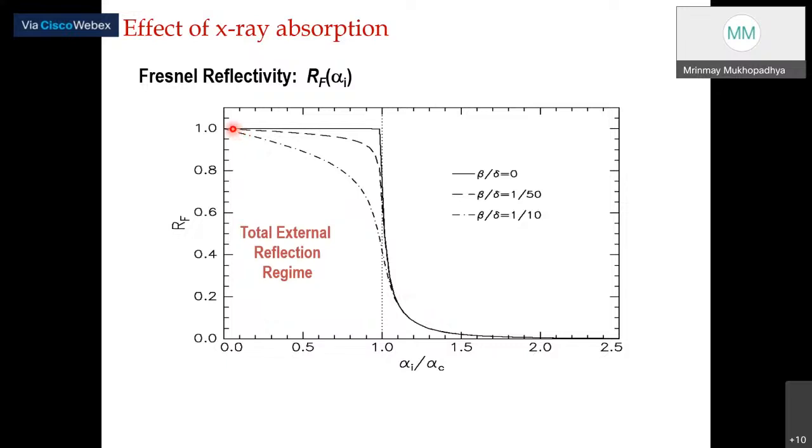So the material having less absorption will go like this, and material having more absorption will go like this. All this information you can extract from your reflectivity profile. So you can talk about your material's absorption properties, thickness, density, and roughness.